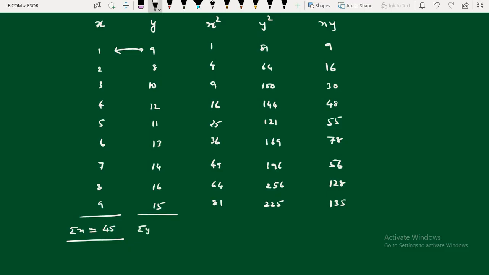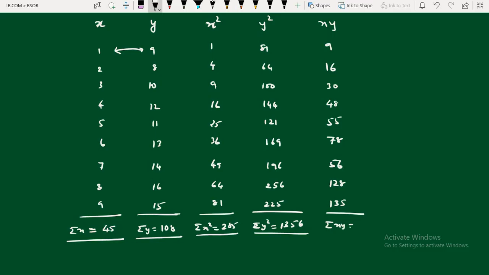Then find summation y; add all those values. Then the sum of squares, summation x square, and summation y square. Finally, summation x into y, summation xy.